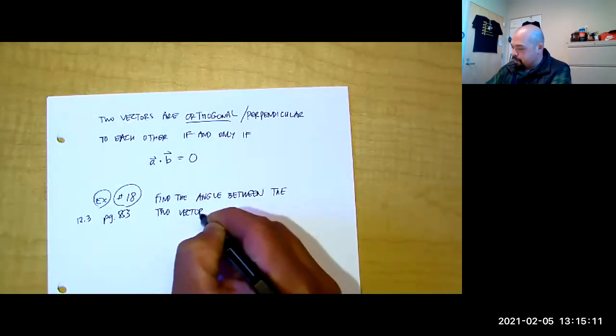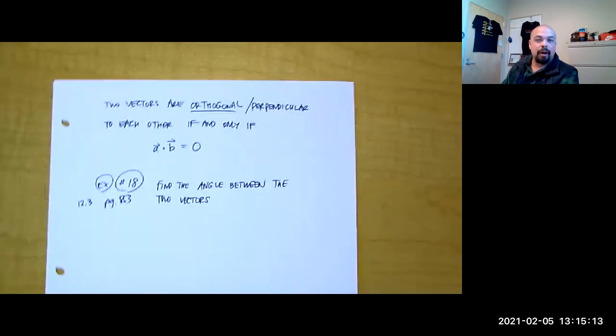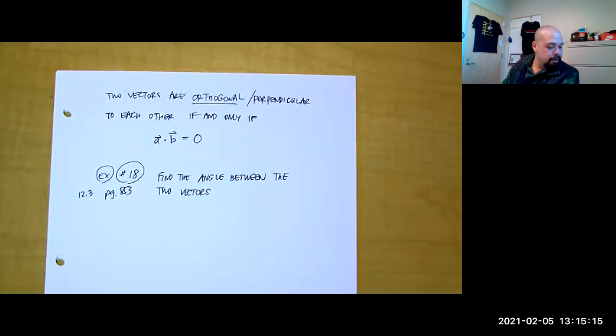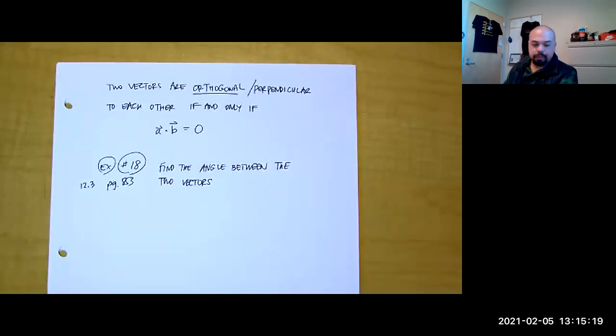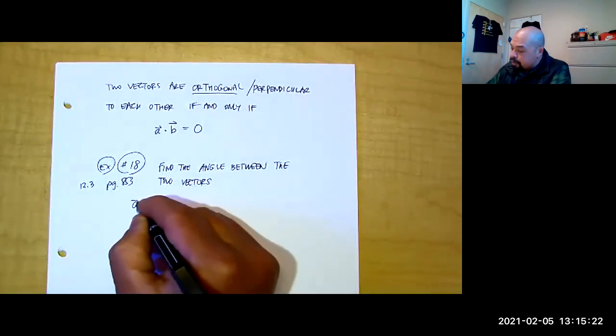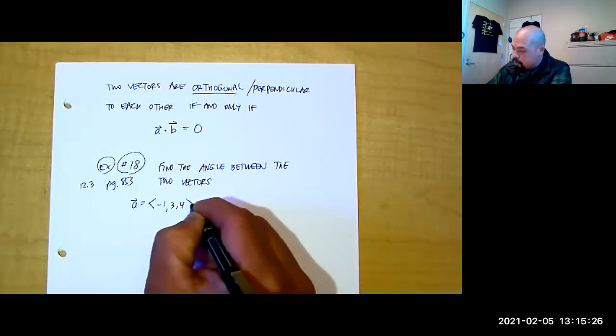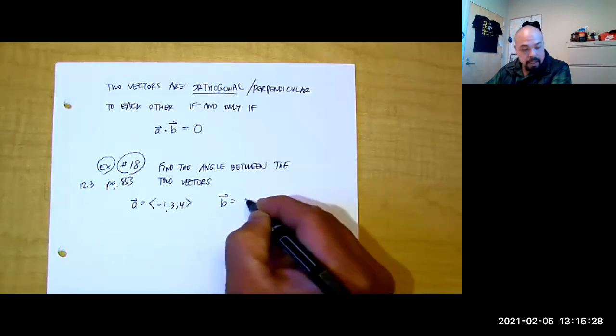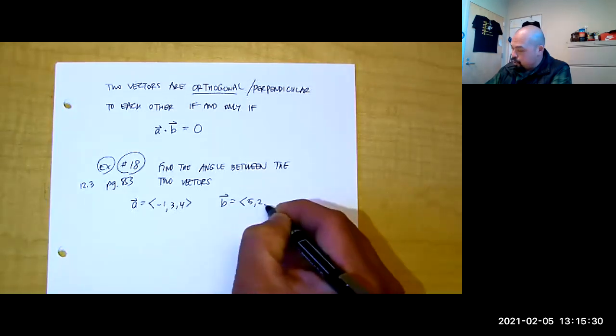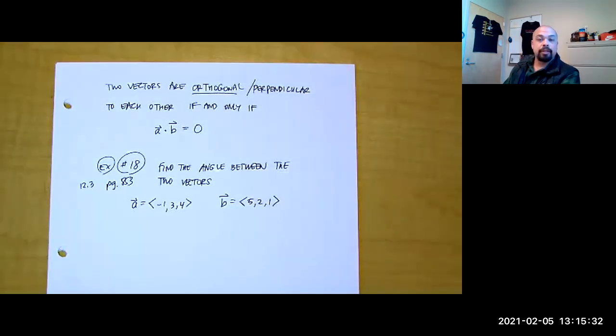And we can look on our calculator, get a degree approximation, right? And if possible, in terms of radians as well. But number 18, vector A, -1, 3, 4, and vector B, 5, 2, 1. So there's our two vectors.